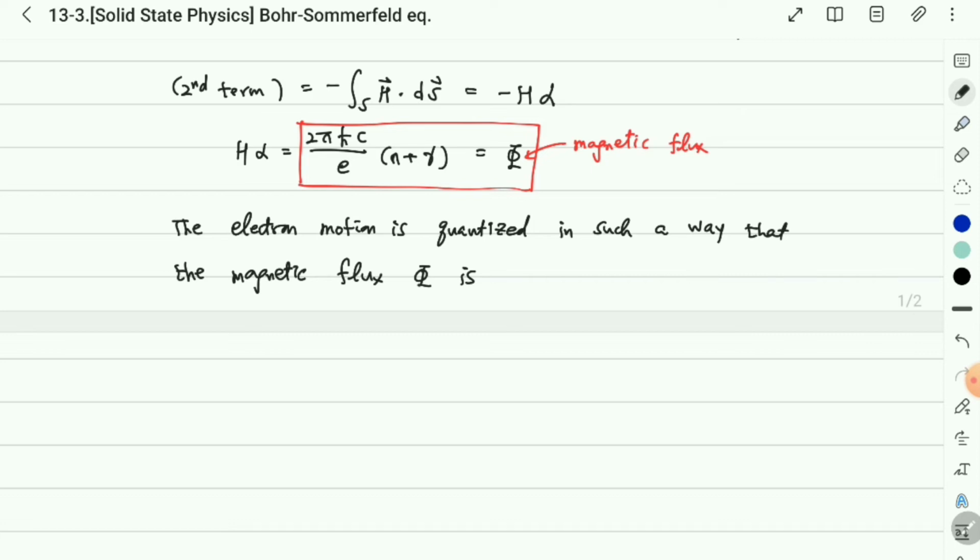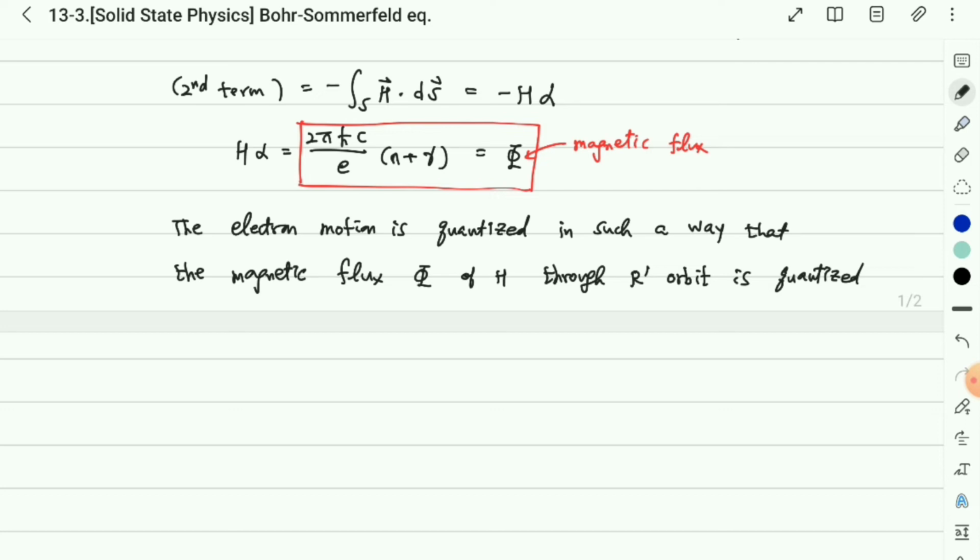Magnetic flux phi of h through the r prime orbit is quantized. It is quantized as well because electron motion is quantized. That magnetic flux along the cyclotron orbit is quantized like that.